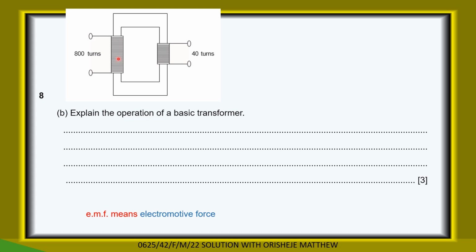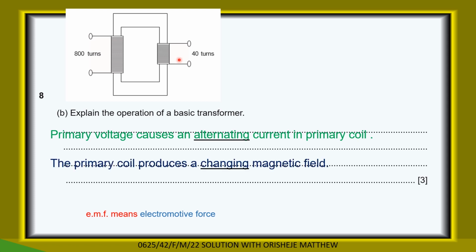Okay, and the variation of the magnetic field affects the value of the voltage. So basically, the primary voltage causes an alternating current in the coil. That means the primary coil is connected to a primary voltage.